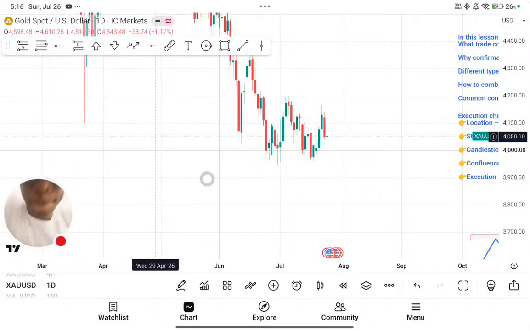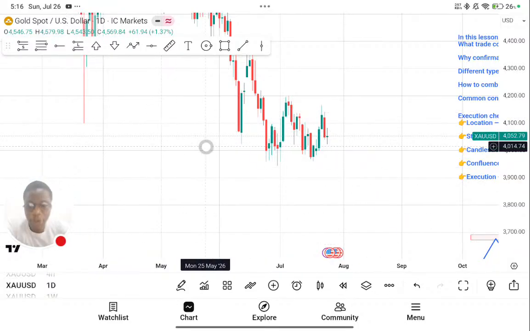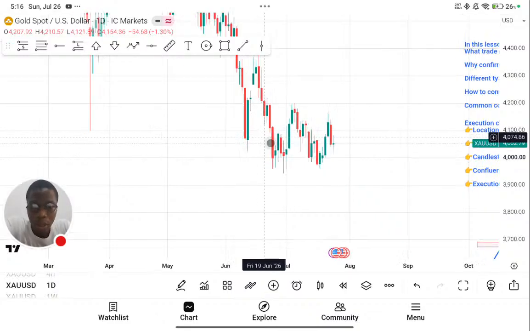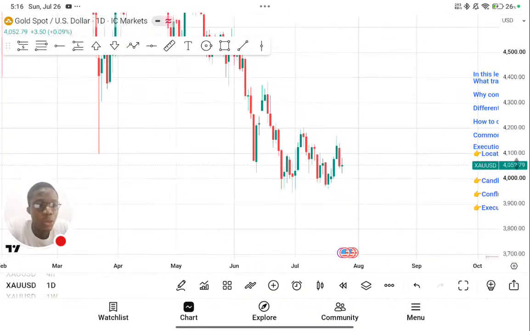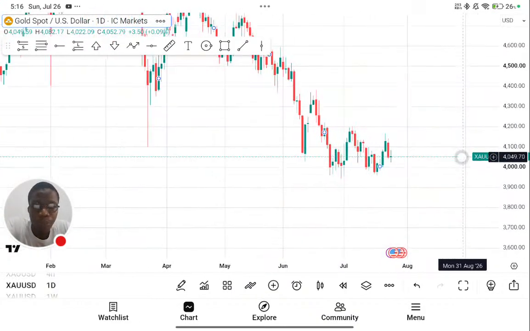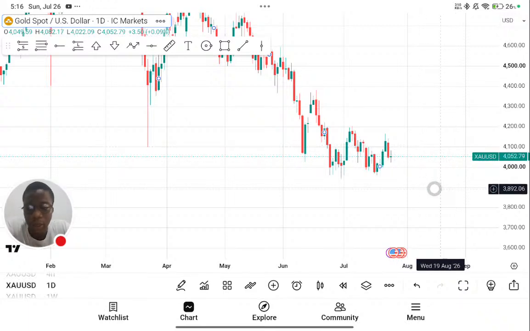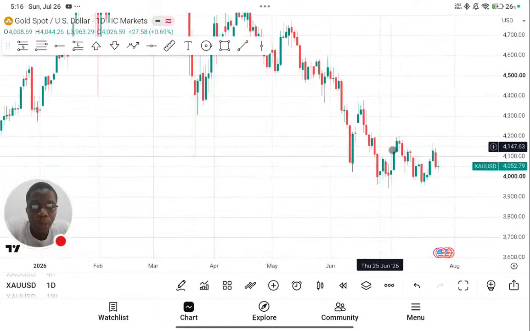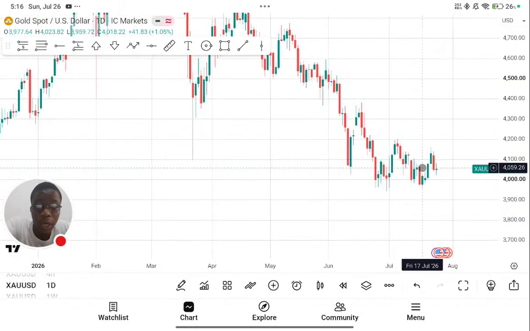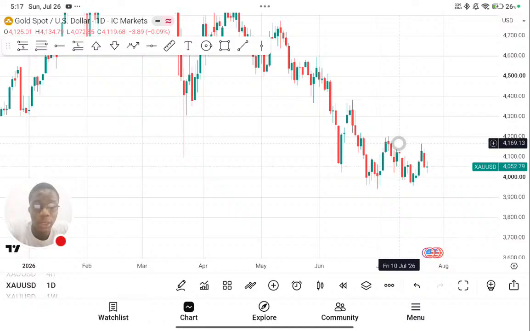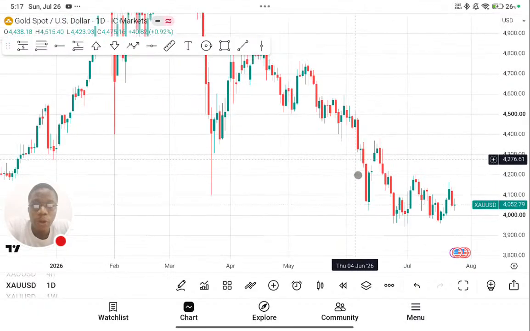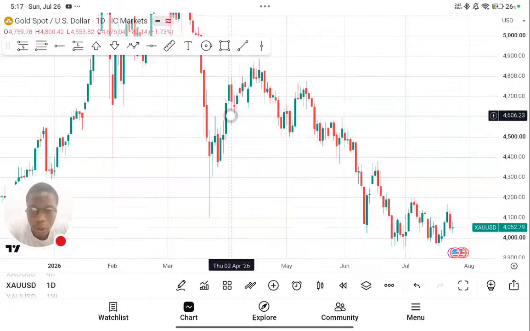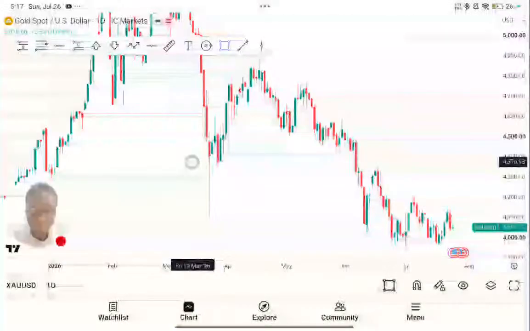I'm going to pick previous data of what happened, and I'm going to do another video where we backtest all these things. But here, let's use previous data, because on the day of recording, the market is closed. So let's pick this range of where things have happened.